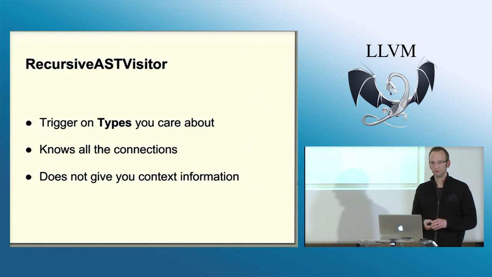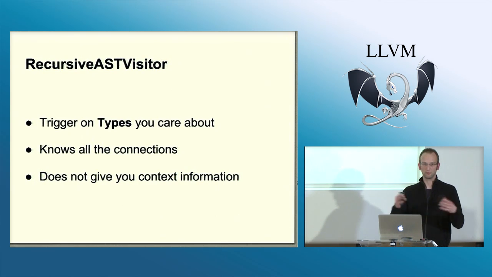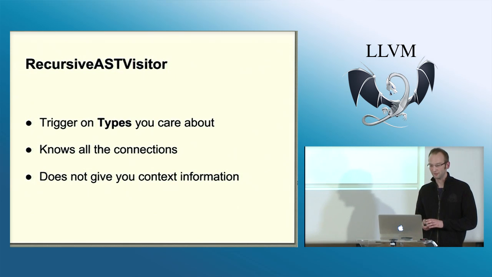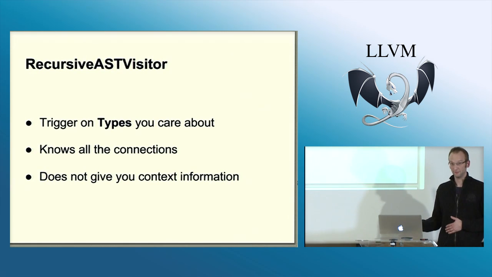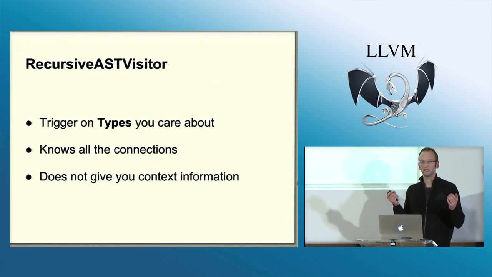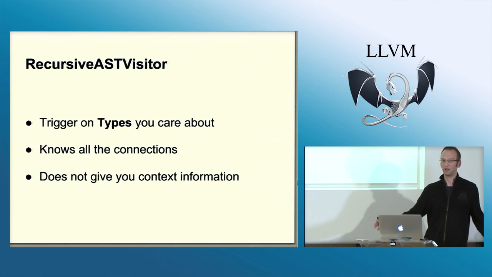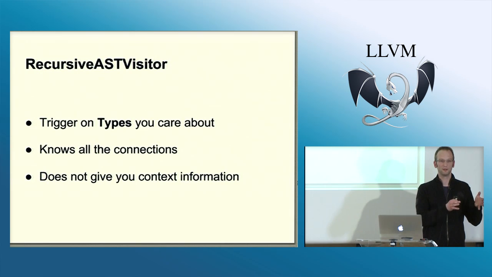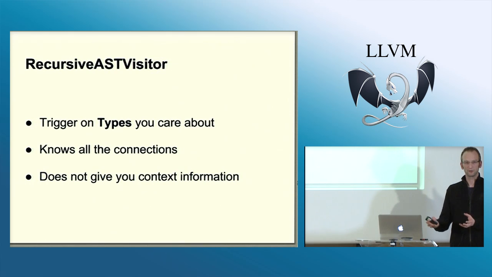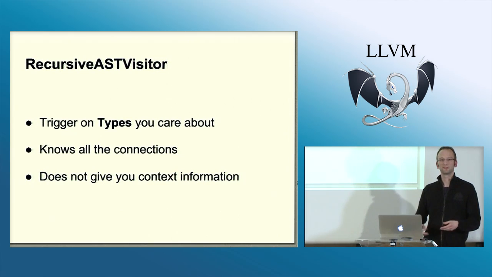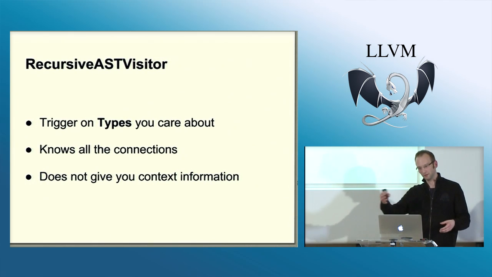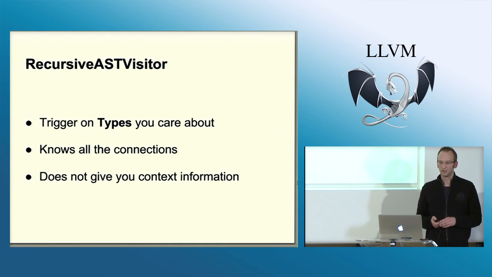To help with that, because we don't want everybody to have to write out all those dynamic casts all the time, there's the RecursiveASTVisitor, which is basically a macro monster putting together all this knowledge about how you traverse each and every node in the AST. The interesting thing about that is you trigger on certain types you care about. So you can say, let me visit all statements, and then it will call you back for all statements.